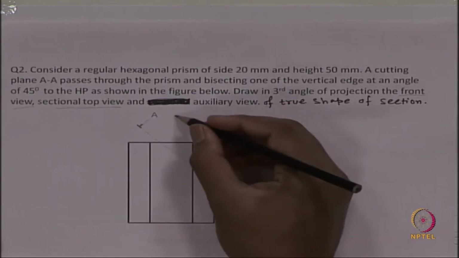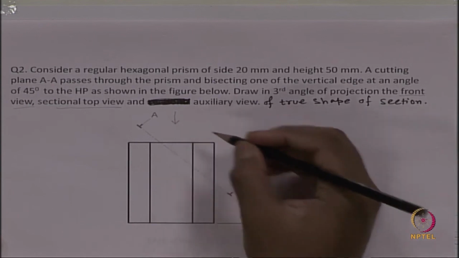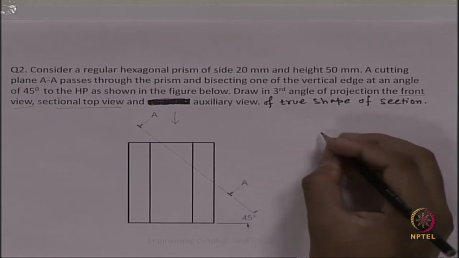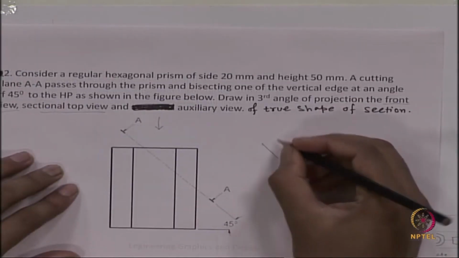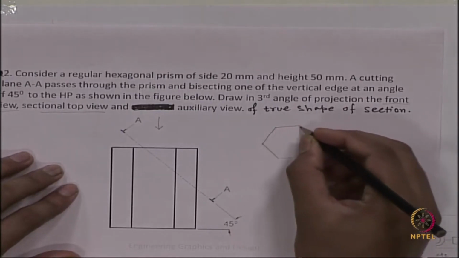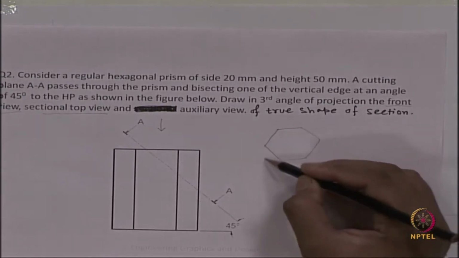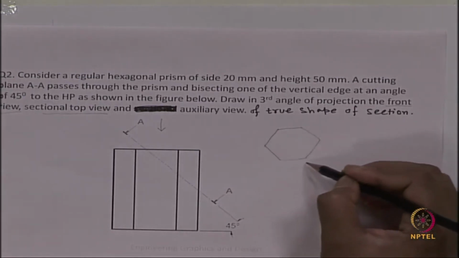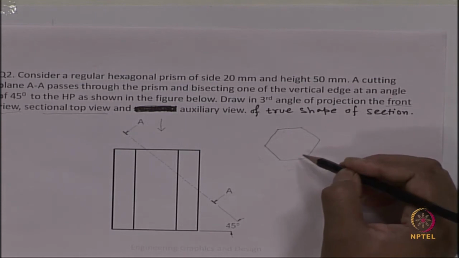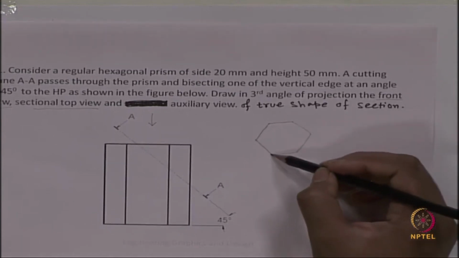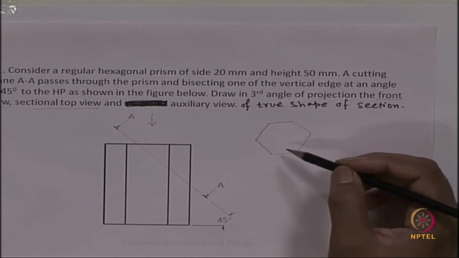If you look from the top, what will you see? You will see a regular hexagon. You will see the top view of the regular hexagonal prism like this, but there is a cutting plane, so we have to be a bit careful while drawing it.